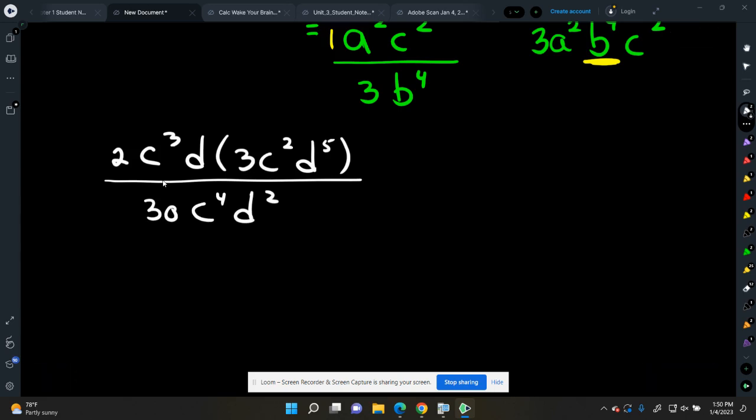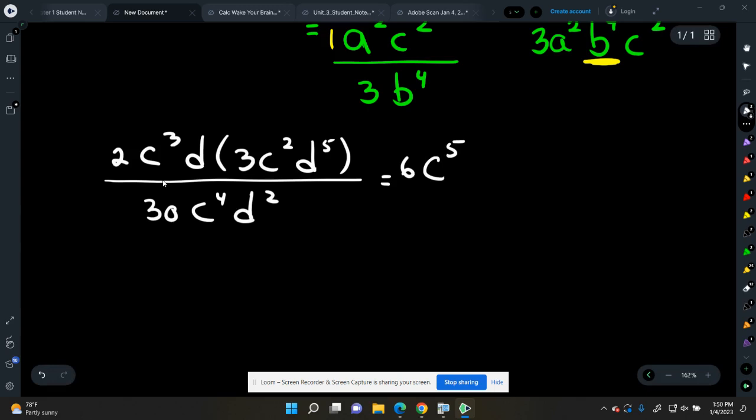Okay, so looking at this one, I want to kind of clean up the top before I really start doing anything, okay? So I need to combine what's up top. I have 2 times 3, which gives me the 6. I have c to the third times c squared. What's that give me? C to the fifth.